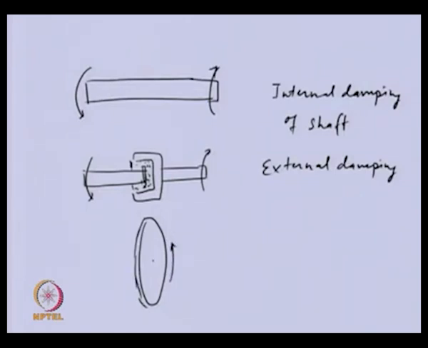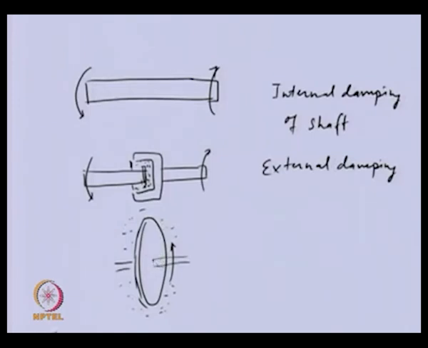When this disc is rotating in some fluid media, which is either a working fluid or maybe some kind of lubricant or coolant, there will be interaction of the solid and the fluid, and because of that we will have some kind of damping effect, because energy will be dissipated from this motion. That is another form of damping which we can have in a torsional system.